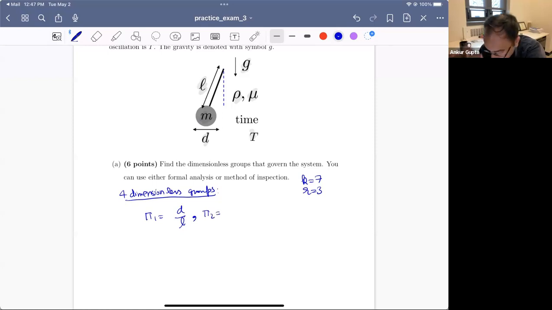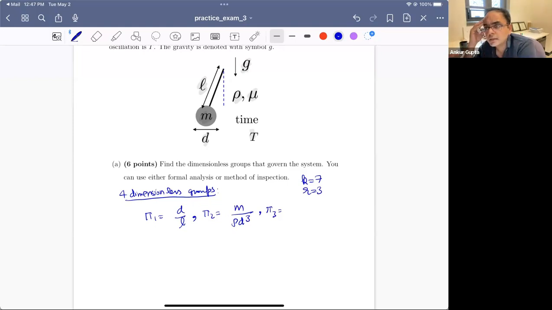Pi 2, I have a mass, a density and a distance, so mass by rho d cubed. I have to be a little careful sometimes, because if you're a bit careless, there can be a mistake.